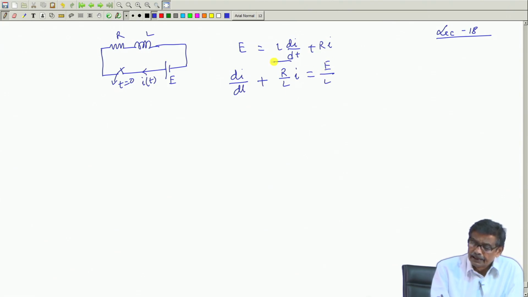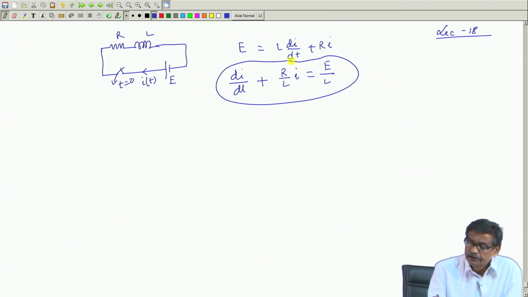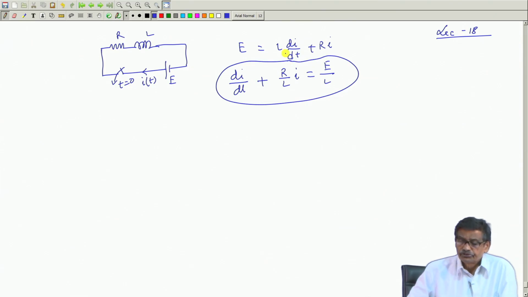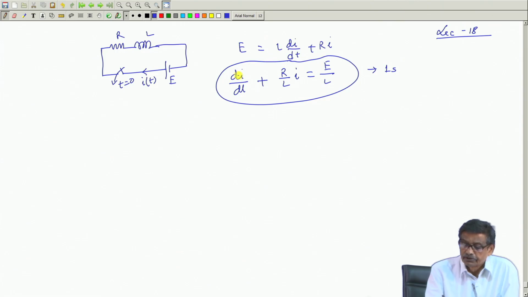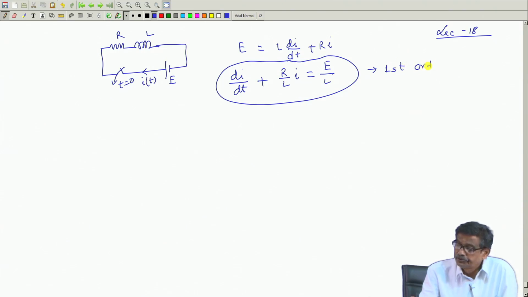So, it was a first order differential equation, first order because only d/dt is present, no d2/dt2 is present.